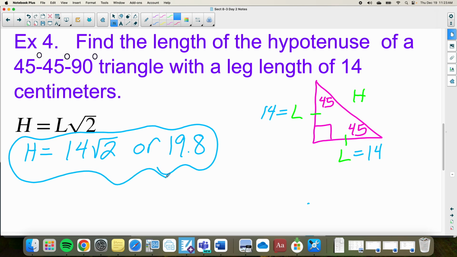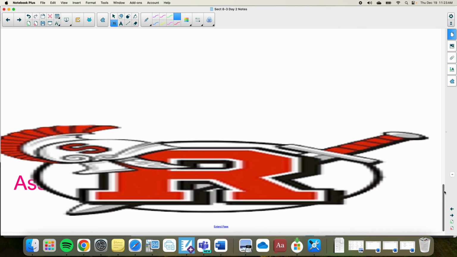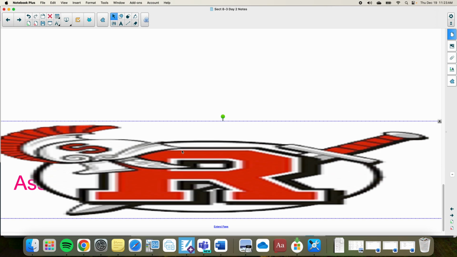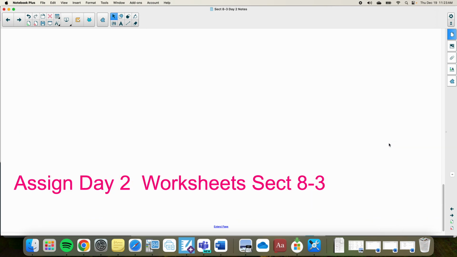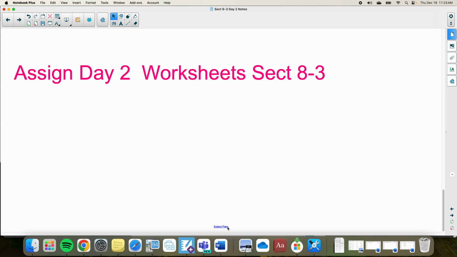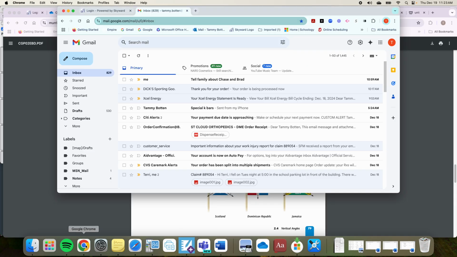Okay. Now, if we look down here, you have two things that you're gonna work on today. One is this worksheet that's posted on Schoology, but you're not gonna listen to the numbers that it says in the upper right-hand corner. Instead, what you're gonna do, if I can go to Schoology quick.